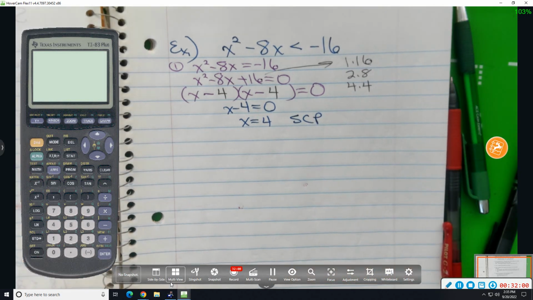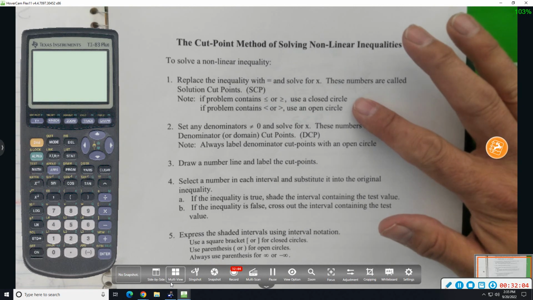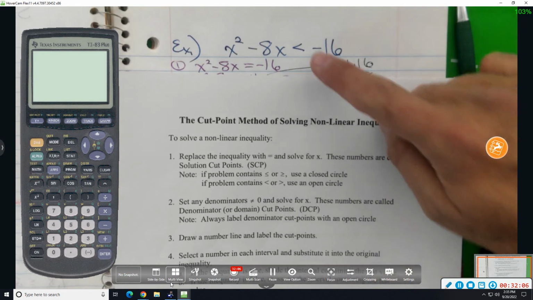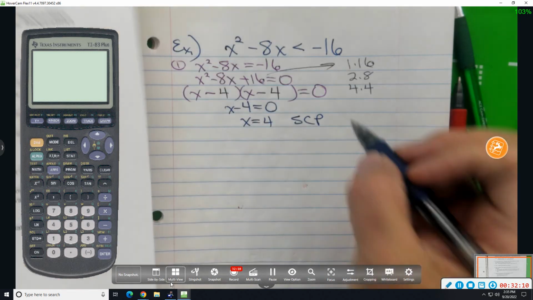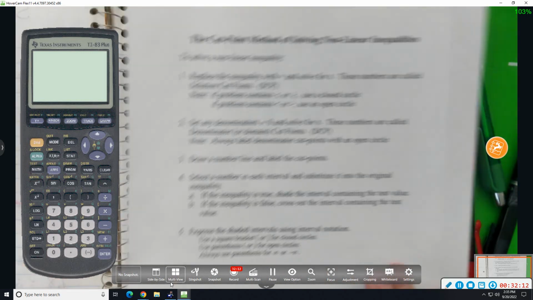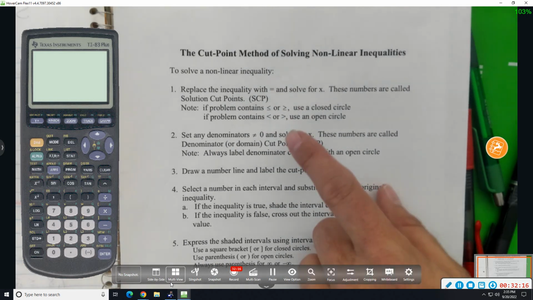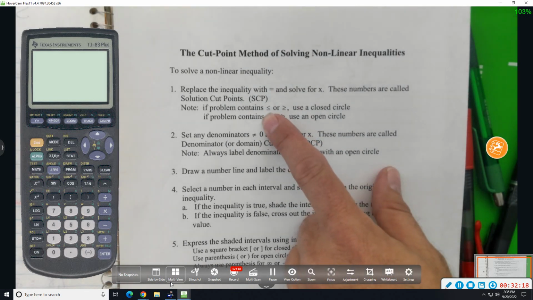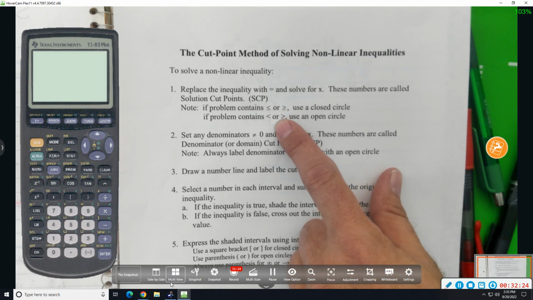Okay. Looking over here, is it an open or closed circle? It's not an equal, it's an open circle. Make a note. What uses more ink when you're writing it? The less than or equal, or just the plain less than? It seems like a stupid question, but which one uses more ink?